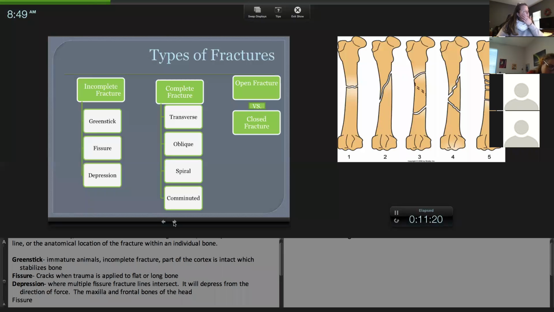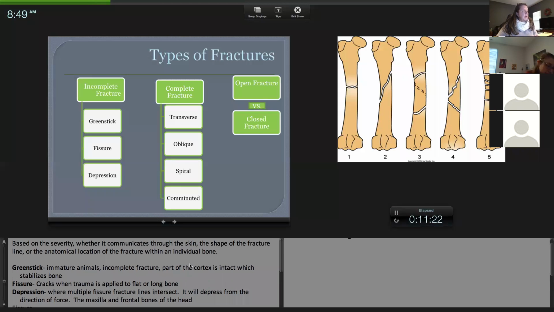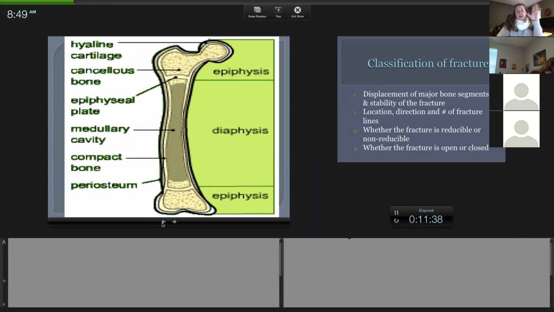So what we look at here is kind of a chart. Now, one other thing to think about is there's something called an incomplete fracture. What that means, let me go back. Say for example, we had this bone and you saw a break on one side here.